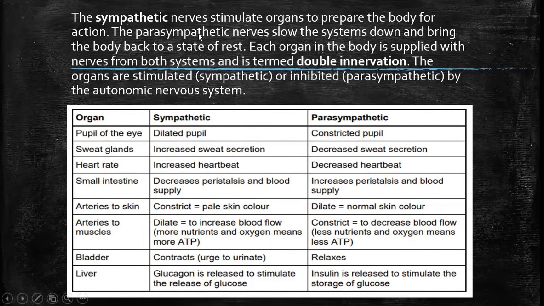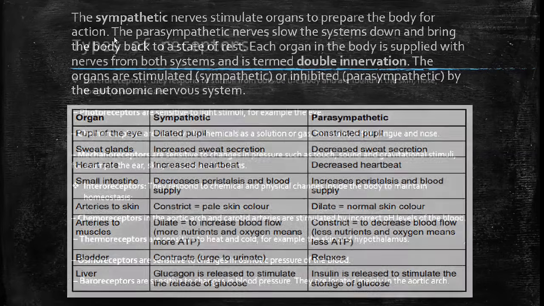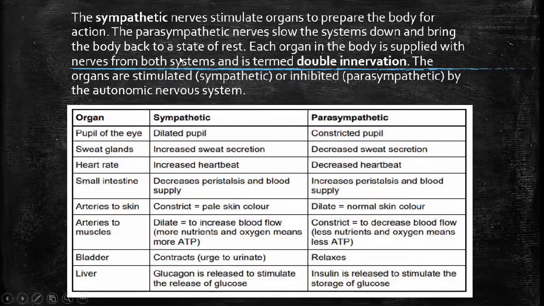Maybe in case you are frightened by a lion, this sympathetic nervous system becomes stimulated. Once it becomes stimulated, you will start running. It prepares your organs. In this case, it's going to prepare your muscles. You're going to start running away from the lion. And then the parasympathetic nervous system slows down and brings the body back to a state of rest.